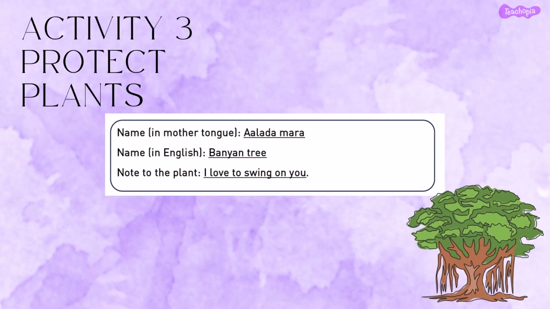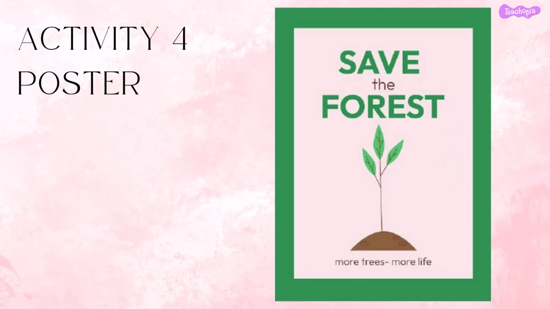For example, as you can see, this is an alada mara and its name in English is banyan tree. And the note to the plant is, I love to swing on you. The fourth activity is to create a poster for protecting the environment. So you can talk about protecting the forest or trees in specific and come up with any poster of your own design.